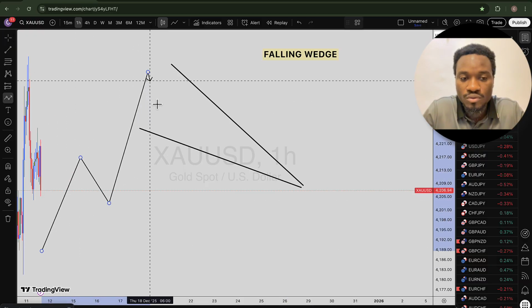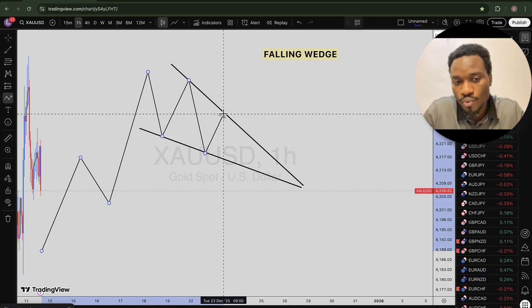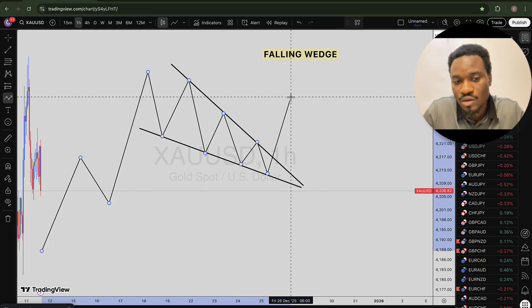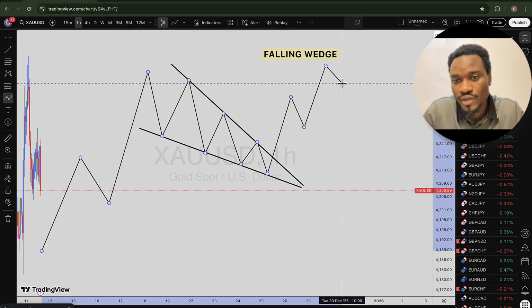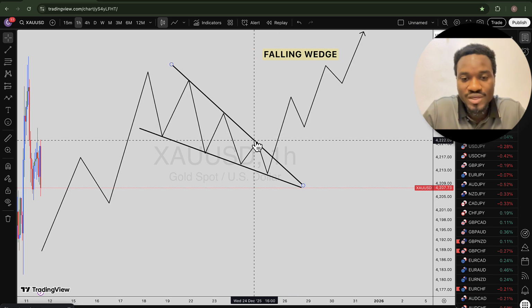Then price comes to a little stop, and then we have price going all the way down, and then later price breaks out and continues to move up again. You can see that. So this wedge is an important chart pattern you need to understand as a trader if you'd like to spot reversal or continuation trading patterns in the market.